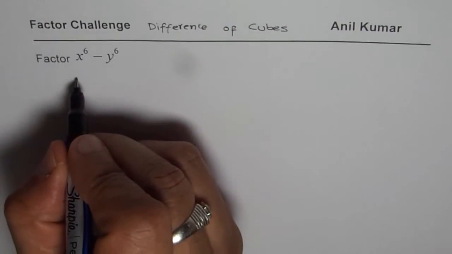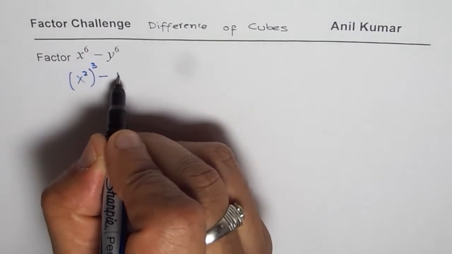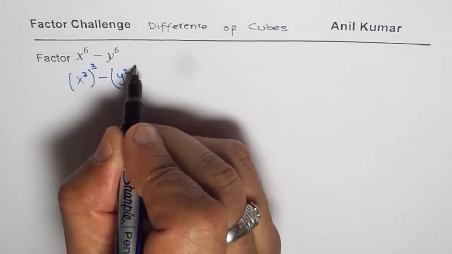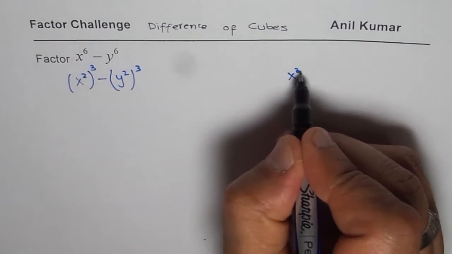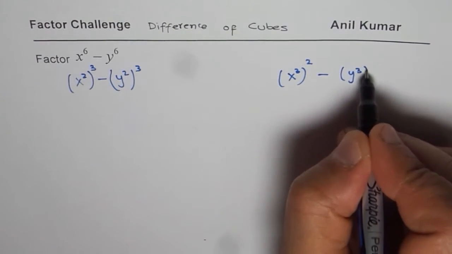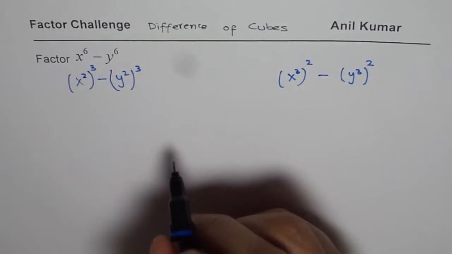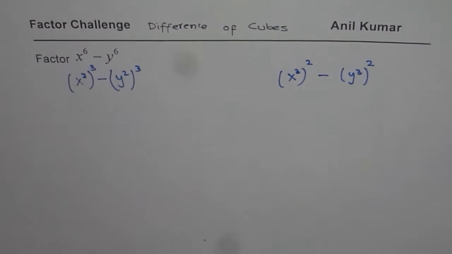We could treat this as (x square) whole cube minus (y square) whole cube, and we could also treat this as (x cube) whole square minus (y cube) whole square. Now the question is, out of these, both are correct, we know, which is a better method to apply? So with this video, I think you'll be able to appreciate which is a better method to apply in this particular case.